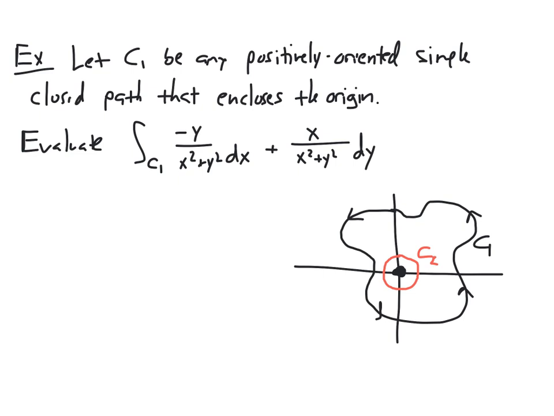And even if the curve C1 gets really, really close to the origin, because the origin has to be inside the curve and not on the curve, there's always going to be some circle that we can draw that's centered at the origin that lies inside C1. Right? So given this scenario, I'm going to let D be the region inside C1 and outside C2.